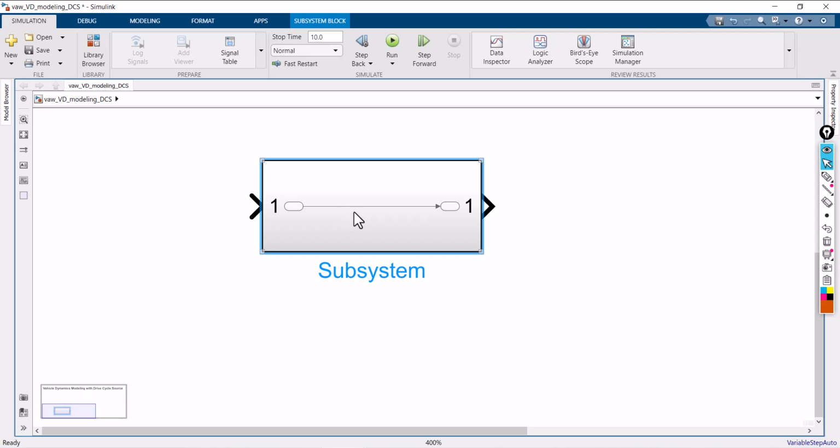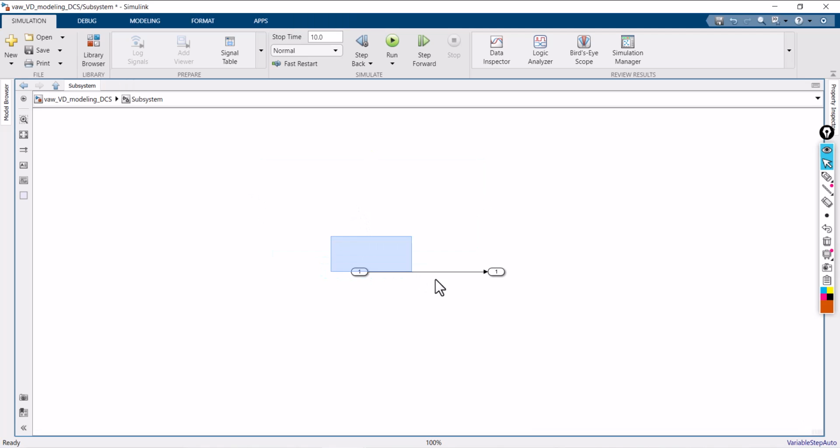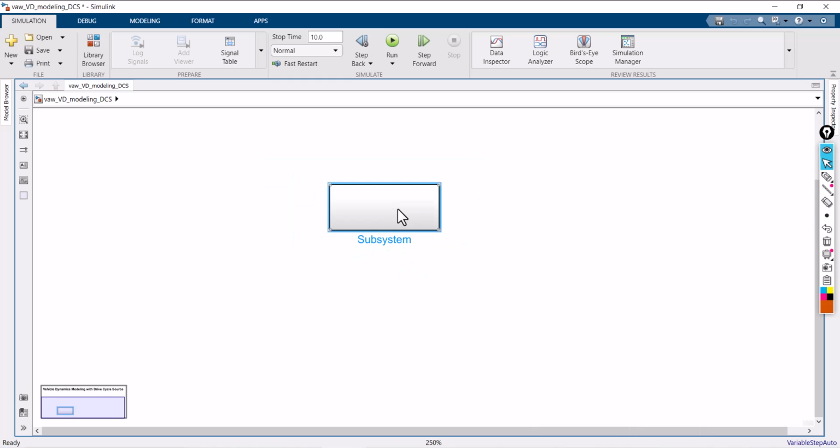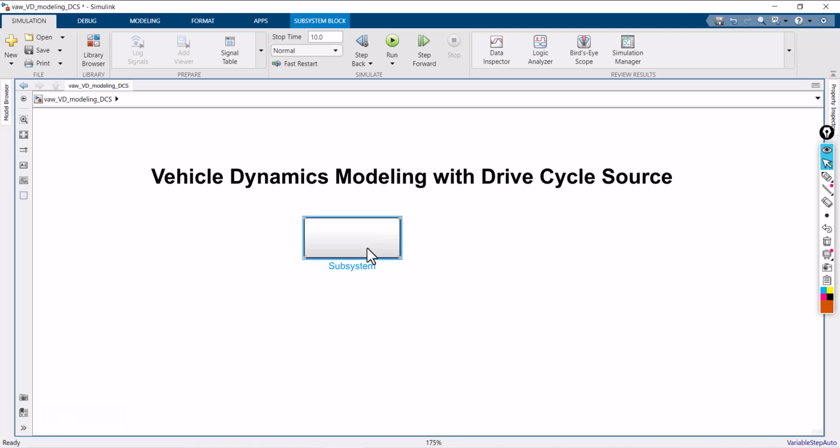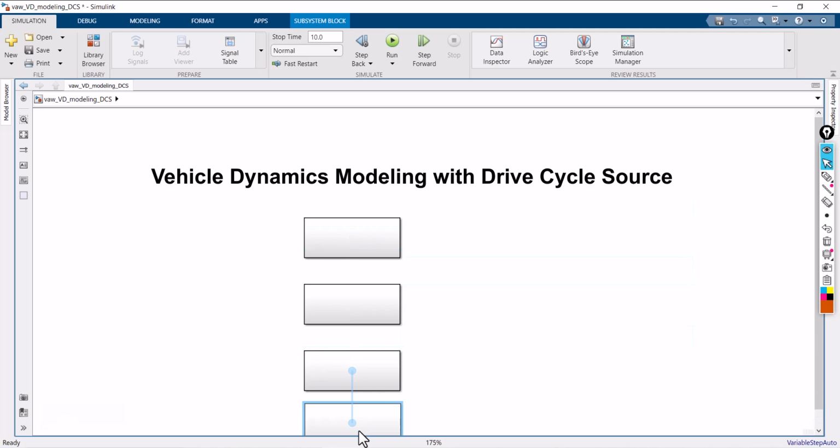This subsystem contains one input and one output. I don't want this one, I'll create my own. So I'm getting inside and deleting all the inputs and outputs. Similarly, I'm going to create 4 subsystems because I have 4 equations.